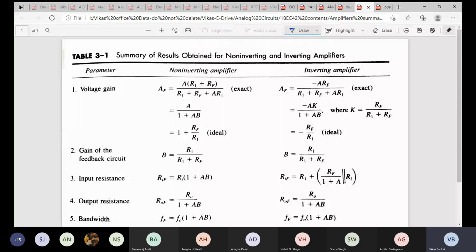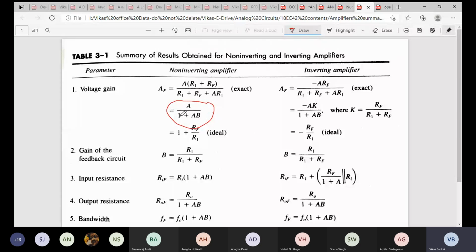Now here one thing they have mentioned, as you can see in this expression. Normally we started our entire concept of the feedback amplifier, and we obtained an equation of the voltage gain, and that gain equation with feedback was AF equal to A divided by 1 plus A beta. So this is the standard equation.